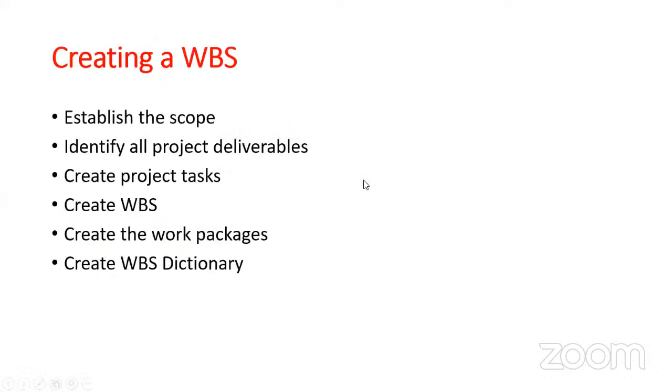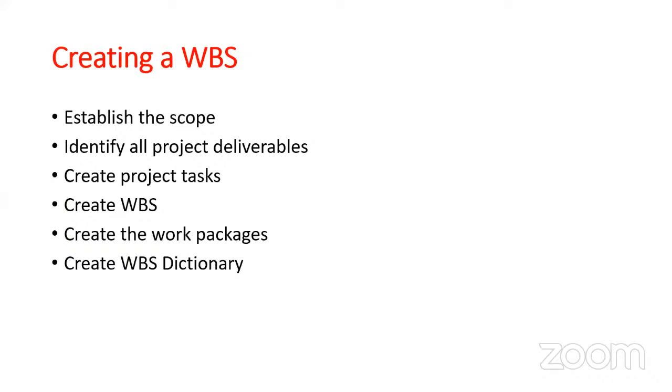So how do you create WBS? Number one, establish the scope. Number two, identify all project deliverables, create the project task, and create the WBS. And then have your work packages and also create your work register, your WBS dictionary.